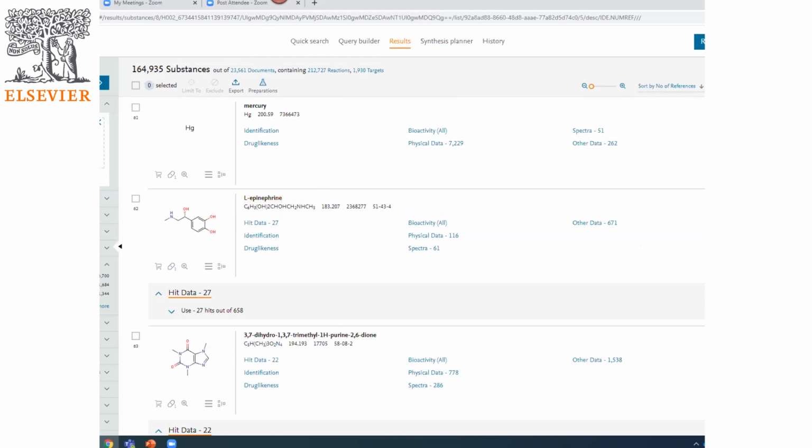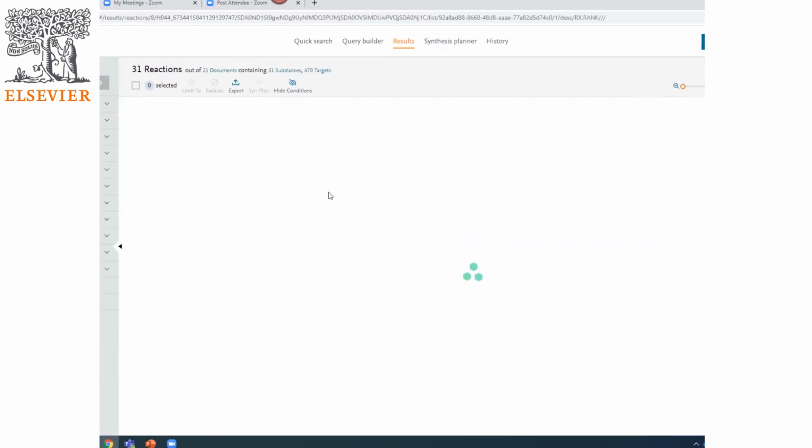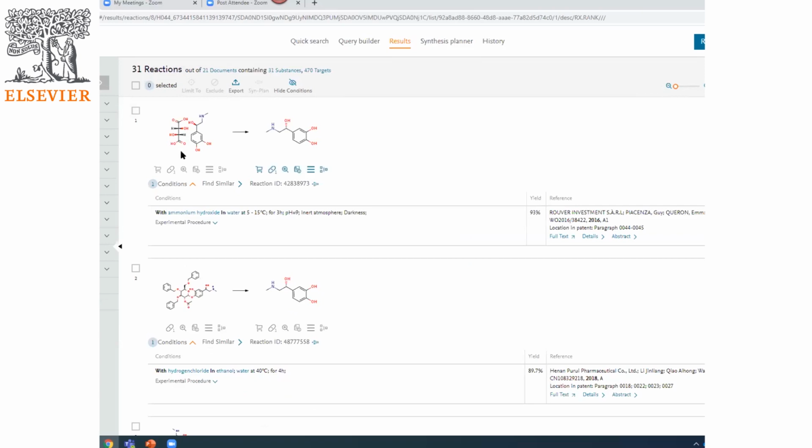One of the options is to click preparation, and you will see the single reaction which brings you the L-epinephrine. This reaction search result contains yield, and a reference to a journal or to a patent.